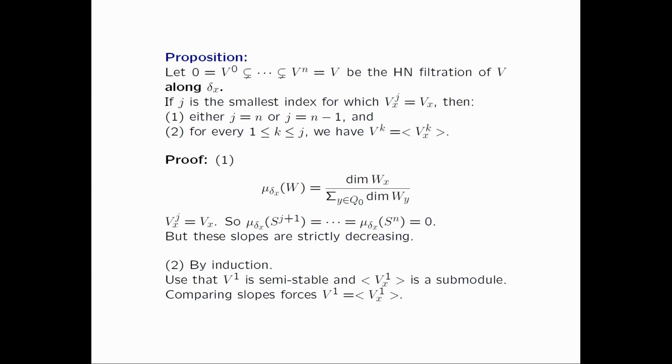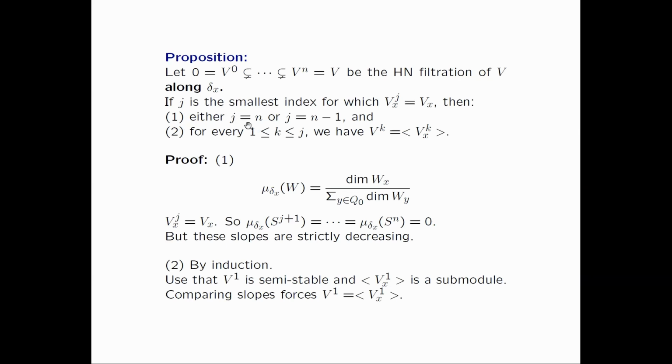So Q is just completely general here. And we have a filtration along some skyscraper delta_x. And what do we get in the filtration is the following. Let j be the smallest index where actually we have the complete vector space at x, okay?